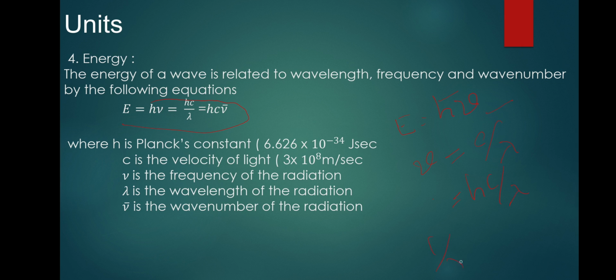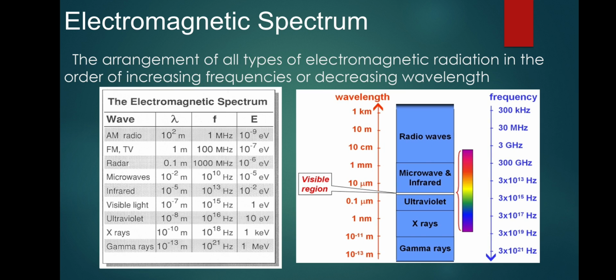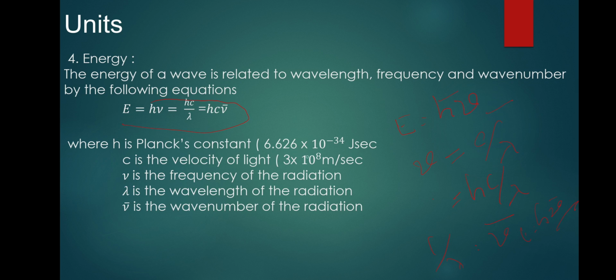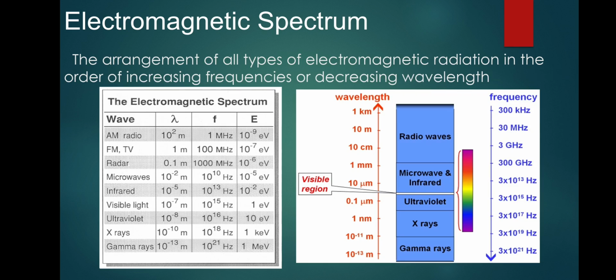Then 1 by lambda, you know it is equal to nu bar, so what you can write, E is equal to h nu bar. So E is equal to h nu bar, or E is equal to h nu, or E is equal to h c by lambda. Okay, so that is the relationship between frequency, wavelength and wave number. Planck's constant, it is 6.626 into 10 to the power minus 34 joules second. C is velocity of the light, nu is frequency, lambda is the wavelength, and nu bar is the wave number.